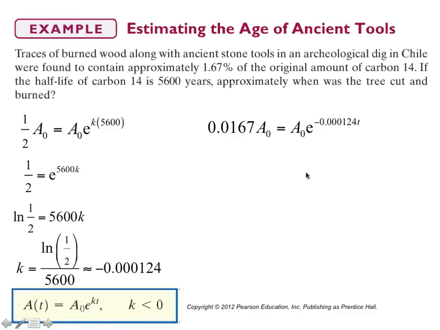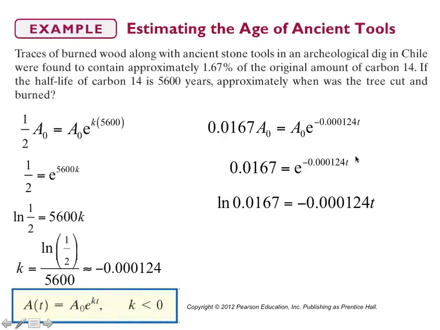And what we're actually going to do now is substitute this in for k. We have the k times t power, that's this part right here. We still have our e, we still have our initial amount. And we're not sure what the initial amount is, but we know that currently we have 1.67% of the initial amount. So we take 1.67% of our initial amount by multiplying, and we divide both sides by A naught, and we get 0.0167 equals e to this power.